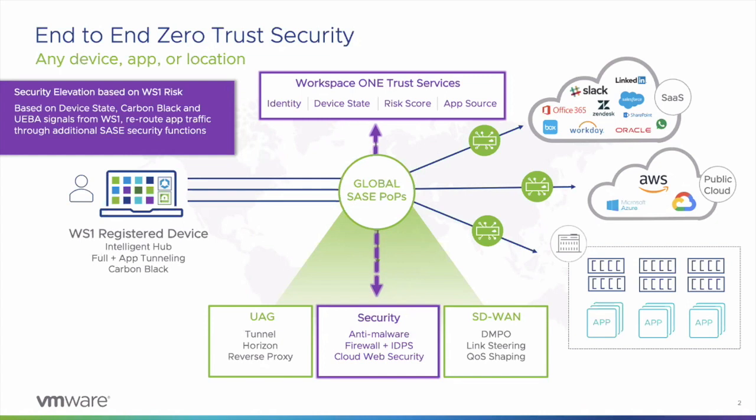With Workspace ONE, it brings an MDM and a per-application VPN into perspective. The MDM is to protect the device itself, in the sense of what kind of data comes into the enterprise.